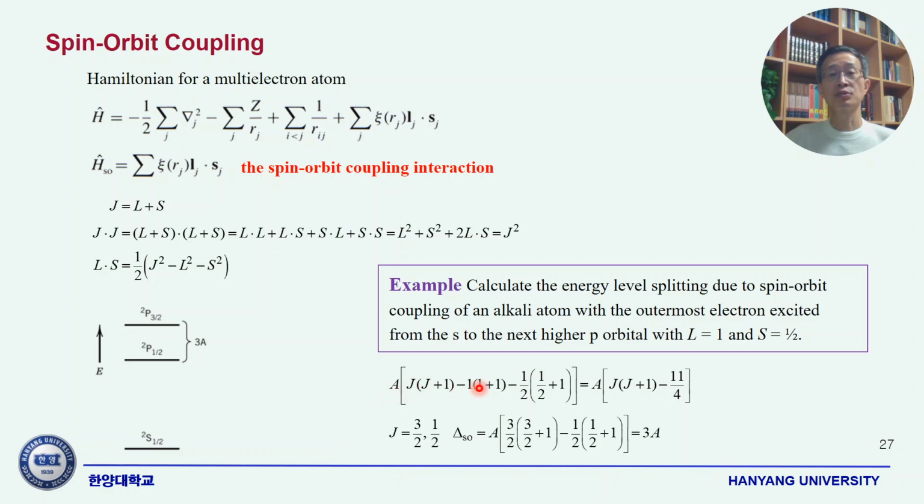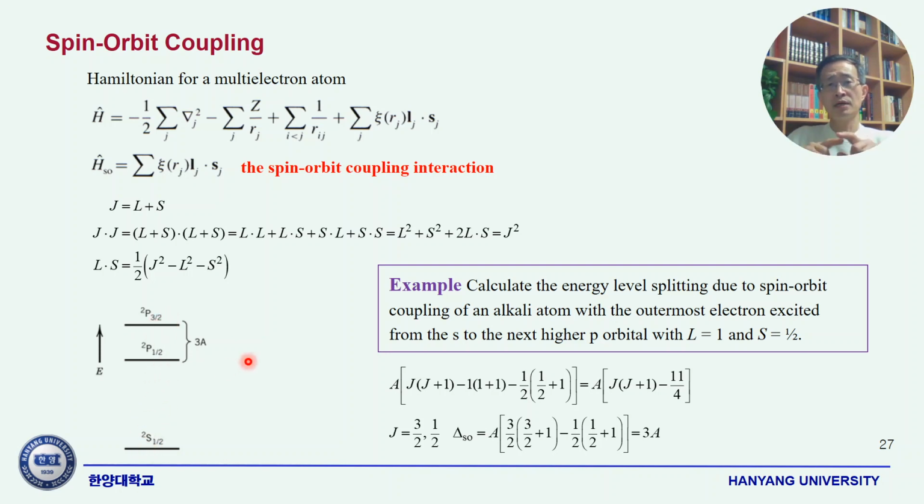Their expectation values are L(L+1), where L is 1, and S(S+1), where S equals 1/2, giving 1 times 2 minus 3/4, and minus J(J+1). And the J values here are different: 3/2 is allowed and 1/2 is also allowed.